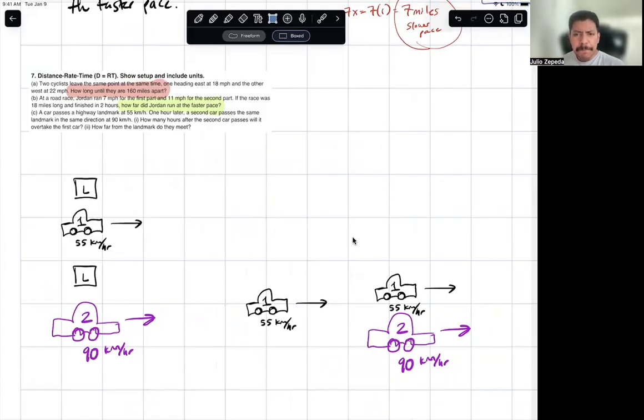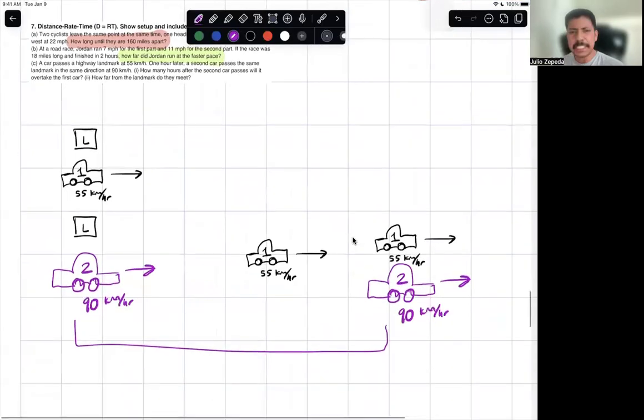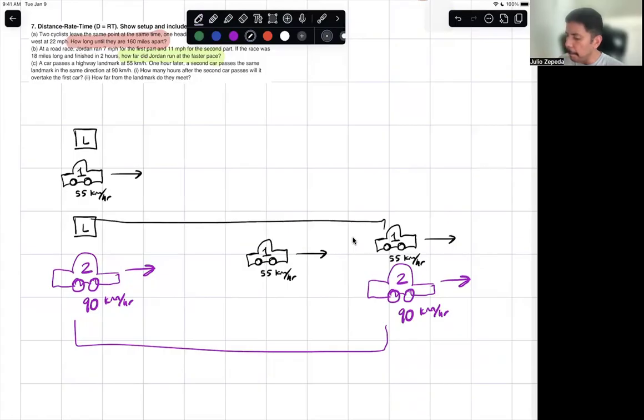So let's describe the distance here. There's going to be some distance from the landmark at which they meet. That distance will be the same for both of them because we're using the landmark as our point of reference.